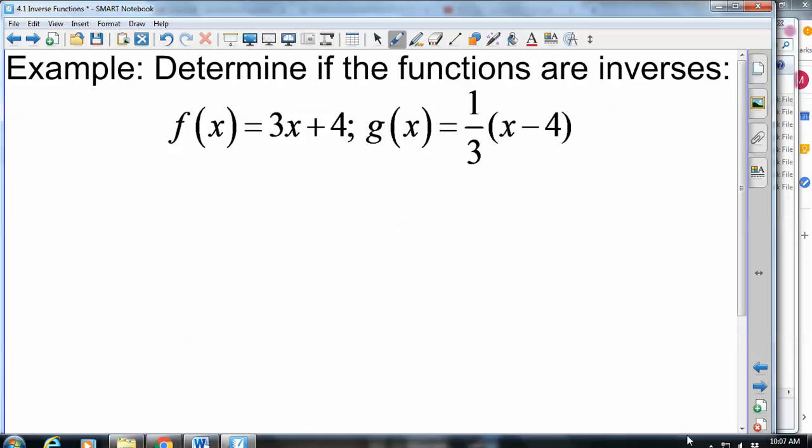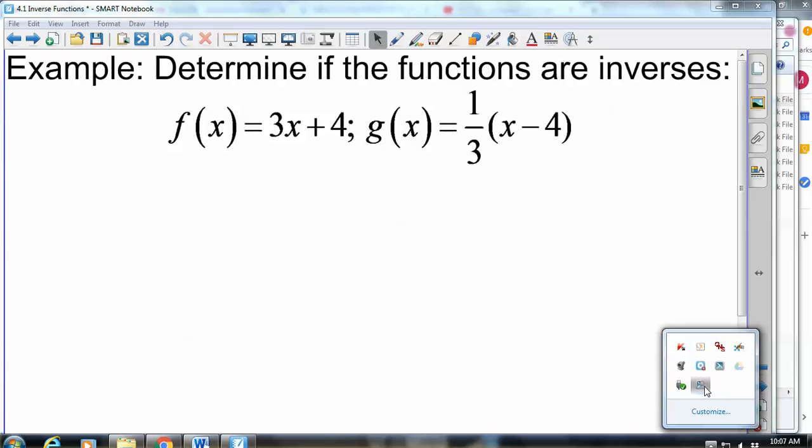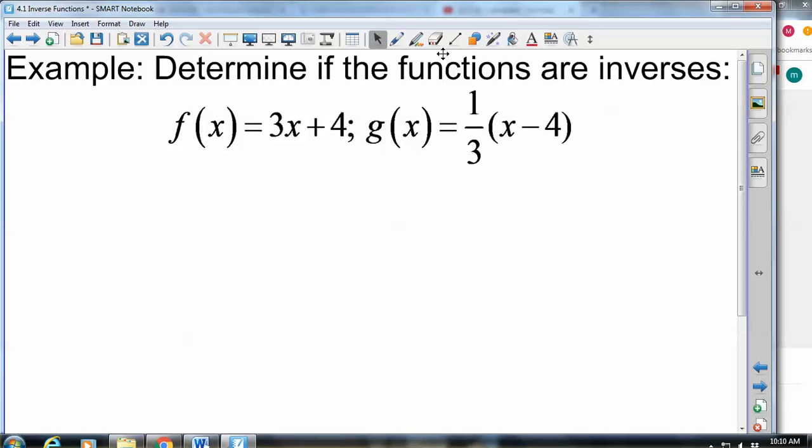Okay. I would like for you guys to do this one. So when I do f composed with g, that means f of g of x.